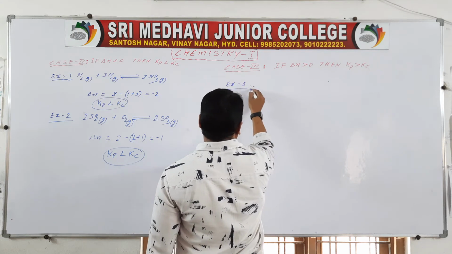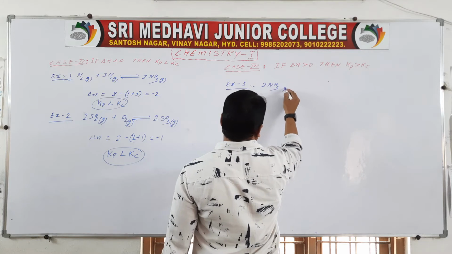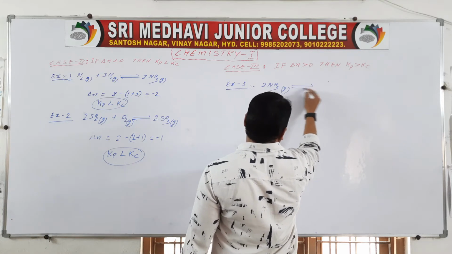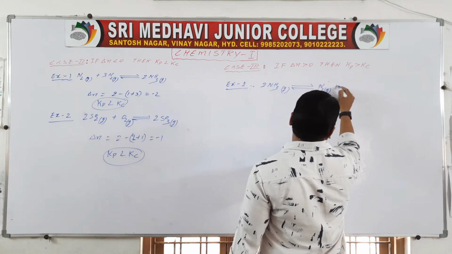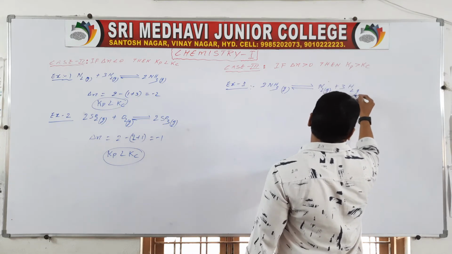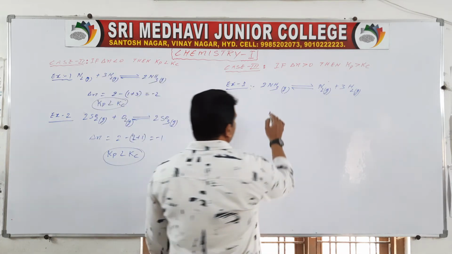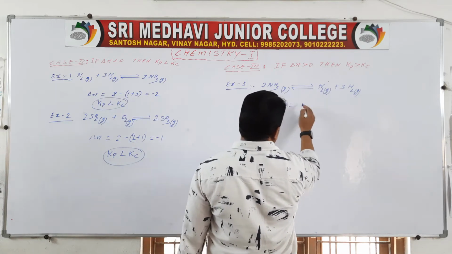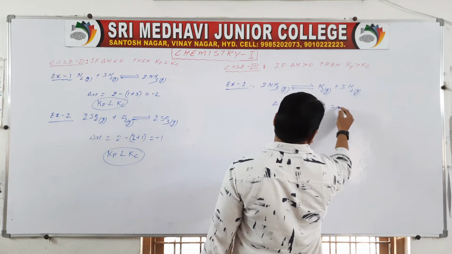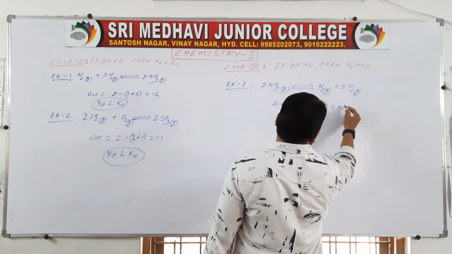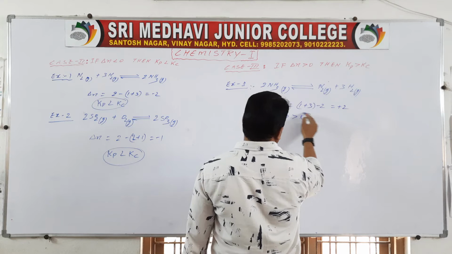Example 1: 2NH3 gas gives rise to N2 gas plus 3H2 gas. Here delta n equals 1 plus 3 minus 2, which is equal to plus 2. Then Kp is greater than Kc.